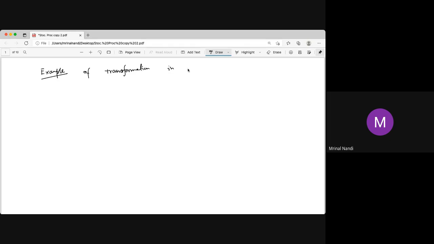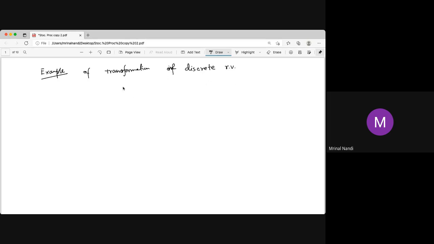For continuous, we saw how to transform a continuous random variable: you need the Jacobian, that determinant of dy/dx.